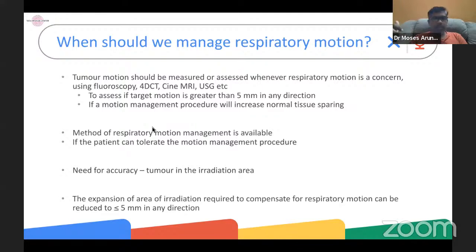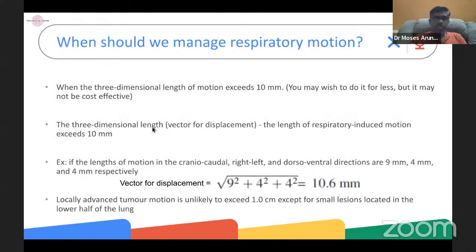The estimate is that if you are able to reduce the expansion of area that is required for covering a moving tumor to less than 5 millimeters in any direction, then you should possibly opt for respiratory motion management, provided that you have a solution that is available in your department, and that specific patient is able to tolerate that specific procedure.